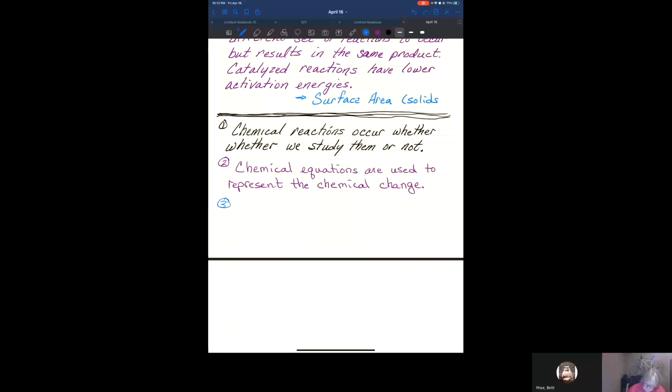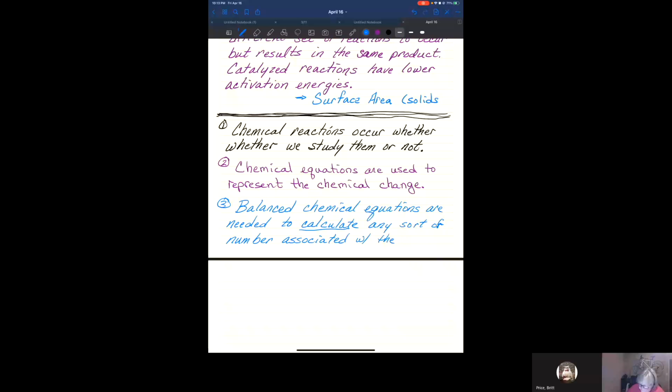The third piece is balanced chemical equations are needed to calculate any sort of variable, oops, of, not or, of number associated with the reaction.